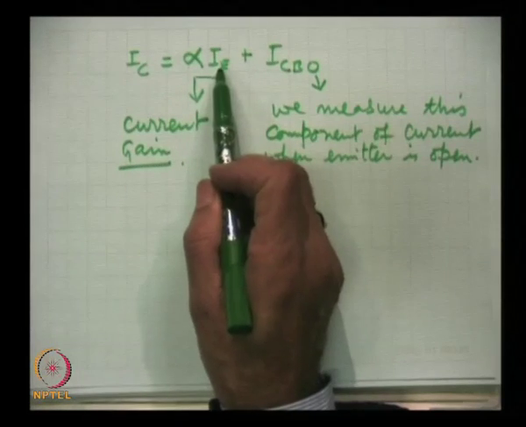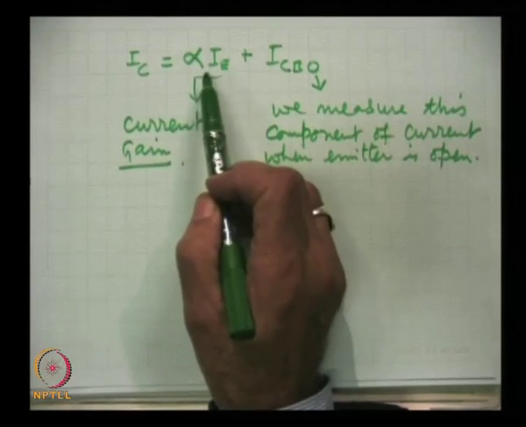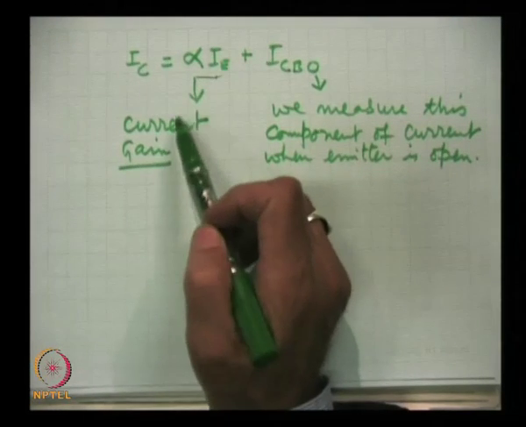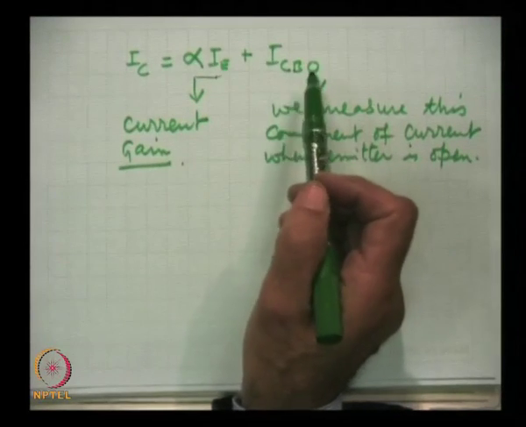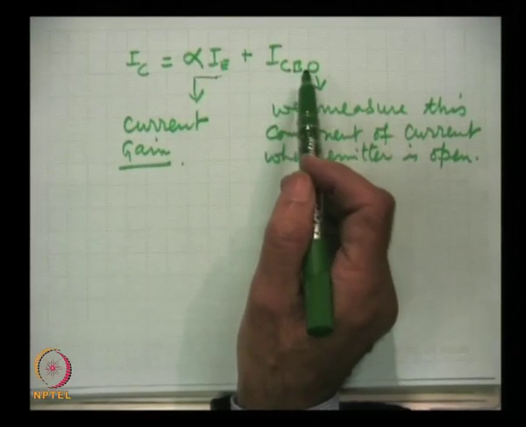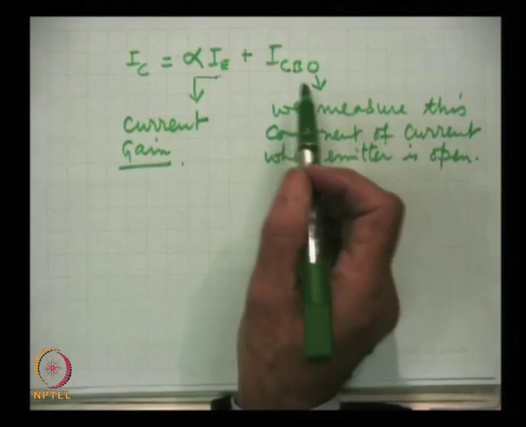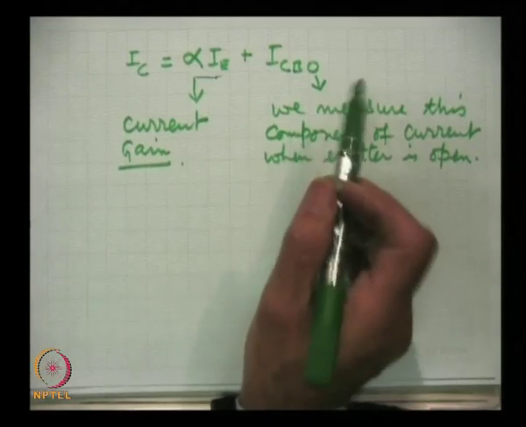This part of the collector current is totally dependent on the emitter current, so it plays the main role, and this other one is insignificant. Actually, this is what causes the thermal noise in the transistor. It is a parasite, but we can't get rid of it completely.